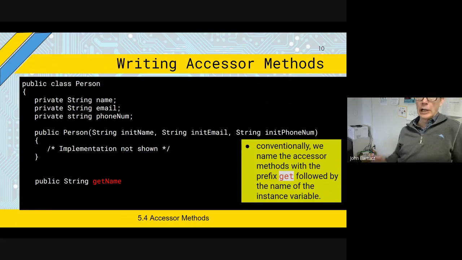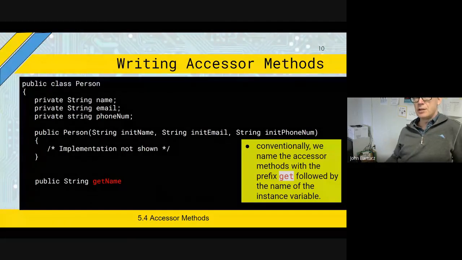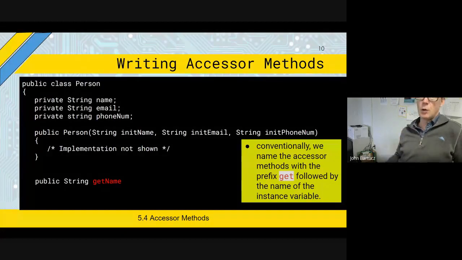And so a good name for this method would be getName, because that's exactly what it's doing. Having a descriptive name for your methods is always really helpful, right? We could name it public string ABC, but that wouldn't really help us, right? If we name it getName, that helps us understand what it's doing right off the bat.